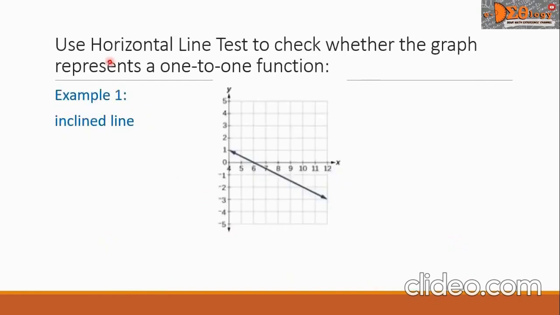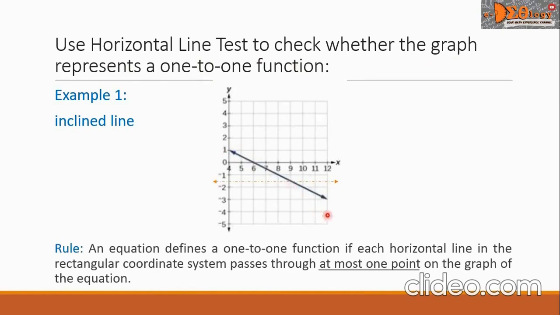Example 1. Use horizontal line test to check whether the graph represents a one-to-one function. This is the graph, an inclined line. So let us draw now a horizontal line anywhere on the graph. So we have this horizontal line here, and we can see that it intersects the given line at one point.